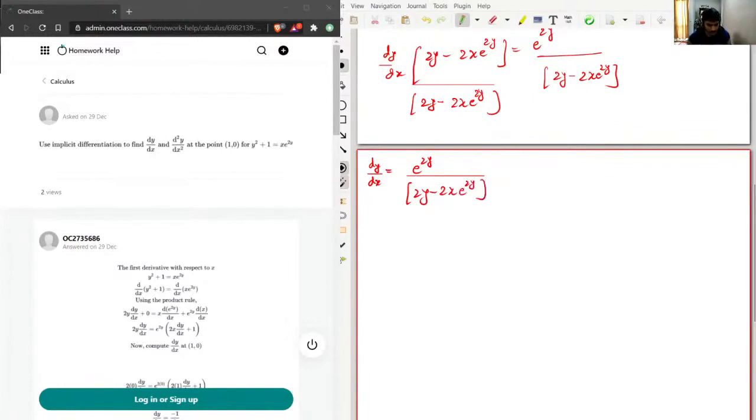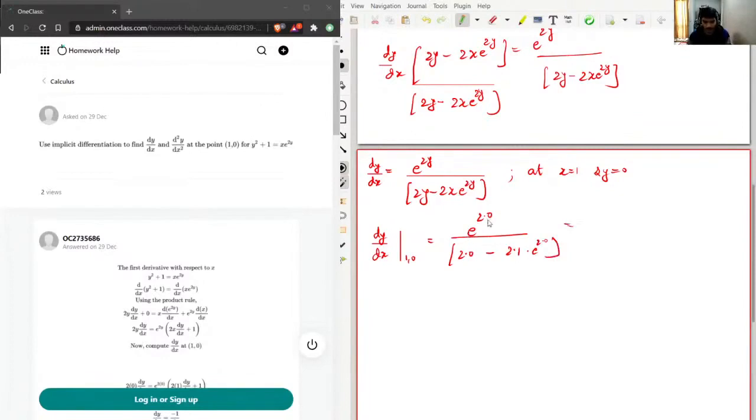Now we need to calculate this at point (1, 0). So at x equal to 1 and y equal to 0, we'll just substitute x equal to 1 and y equal to 0 in this. So dy by dx at (1, 0) is e power 2 times 0 over 2 times 0 minus 2 times 1 times e power 2 times 0.